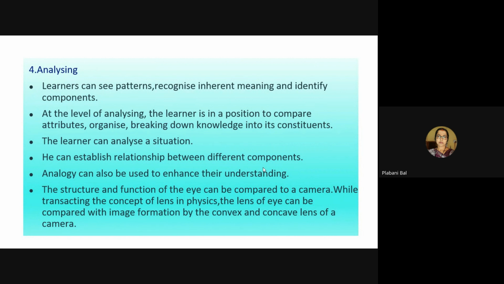The learner can analyze a situation. He can establish relationships between different components. Analogy can also be used to enhance their understanding. The structure and function of the eye, for example, can be compared with a camera.